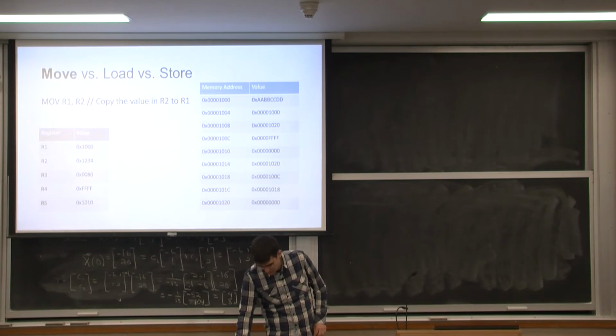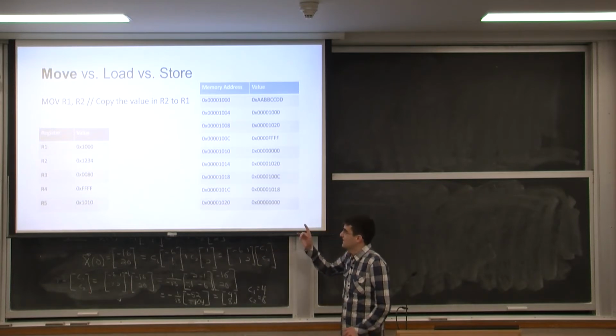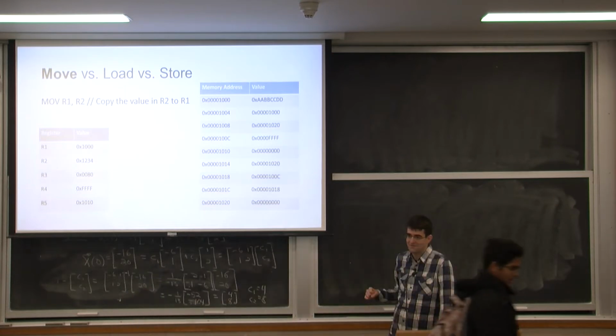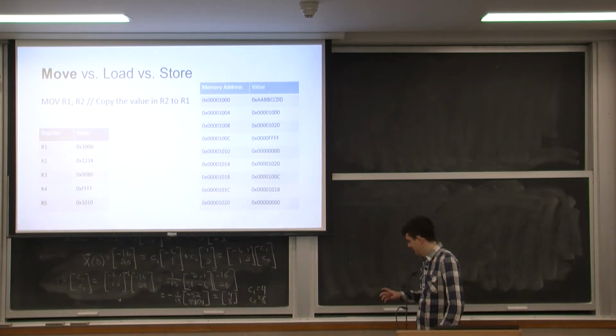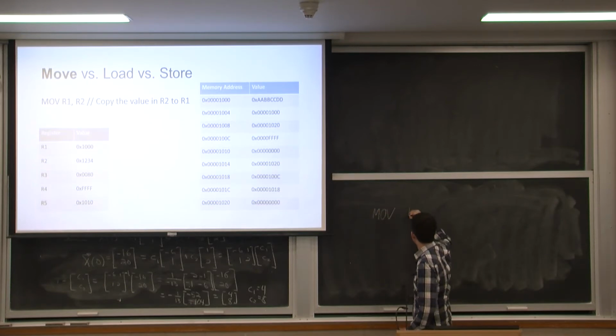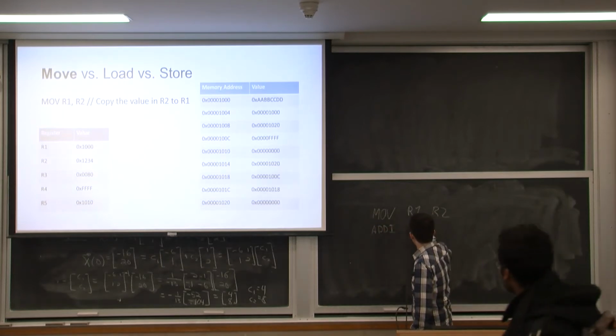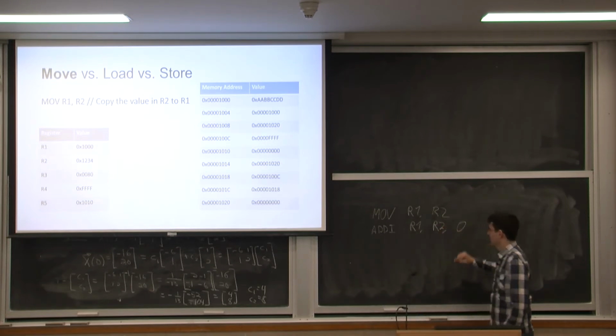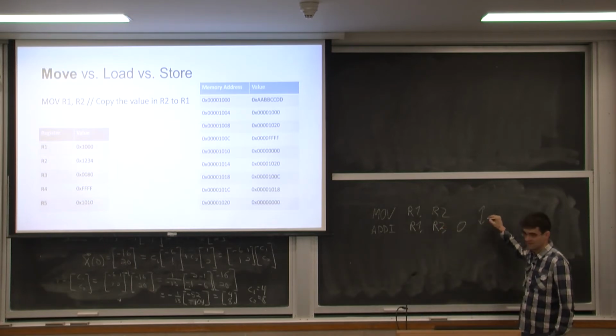So move. This machine, if you look carefully, doesn't actually have a move instruction. A move is implemented by an add with an immediate of 0. Does everybody know that? If you do move R1, R2, these 2 things are the same thing.